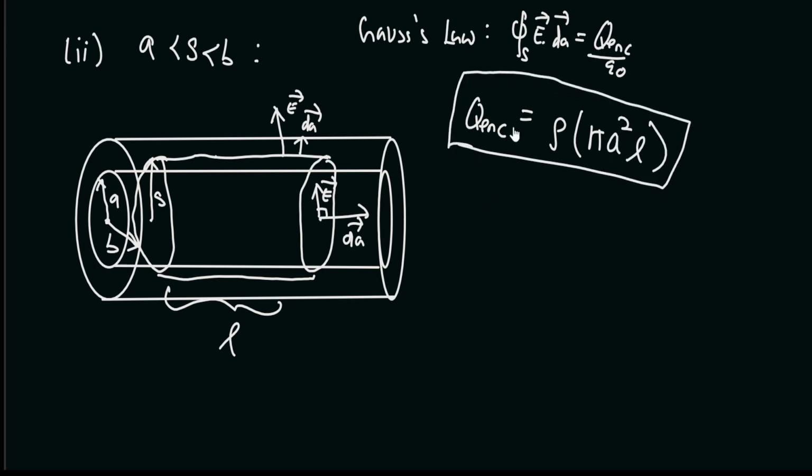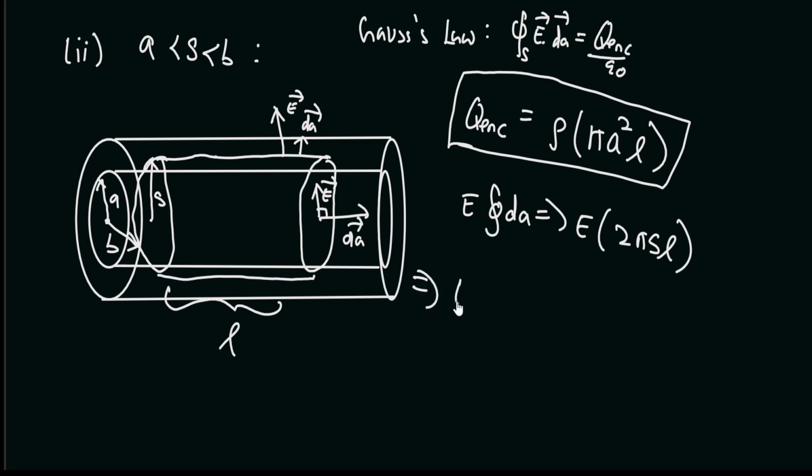And again, we can just take the electric field outside, the closed integral of dA, which is nothing but E times 2 pi S, where S is the radius of the Gaussian cylinder, times L. And we can now put everything together to get the electric field as ρ A square divided by 2 S epsilon naught.